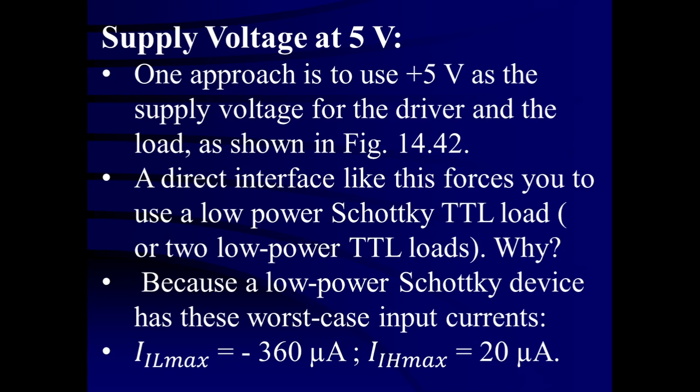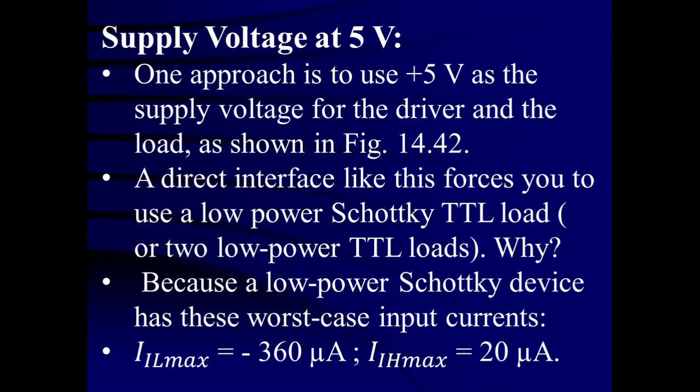IIL maximum is equal to minus 360 microampere and IIH maximum is equal to 20 microampere. That means when the TTL input is going to be low, the base emitter junction of the transistor Q1 is forward biased and the current flowing in the worst case condition is going to be 360 microampere. That has to be sunk through the CMOS sink transistor, which must have the capacity of sinking that current.